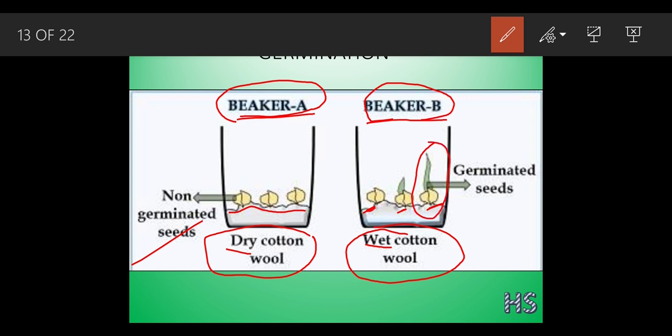So this shows that water is quite necessary for seeds to germinate. Who is going to absorb this water? The water will be absorbed by the hilum, and I have already covered this part.